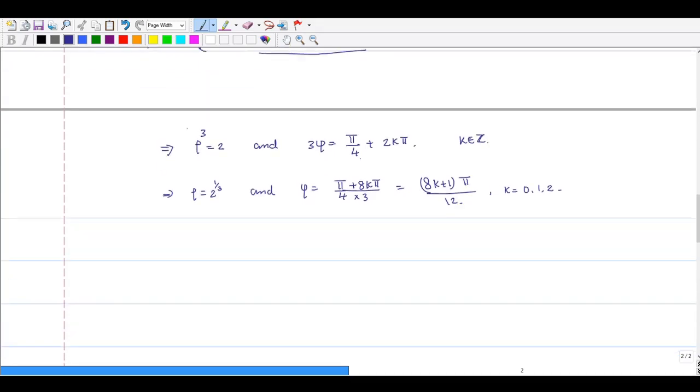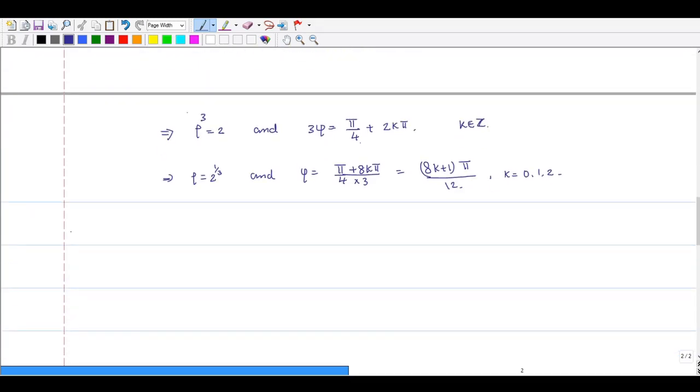Okay, so அப்போ என்ன கிடைக்கும் அப்படின்னா, when k equal to 0, first k equal to 0 போடுறேன். அப்போ first what I can say, this phi which is equal to, k க்கு பதிலா 0 போட்டோம்னா pi by 12. அடுத்தது என்னது?